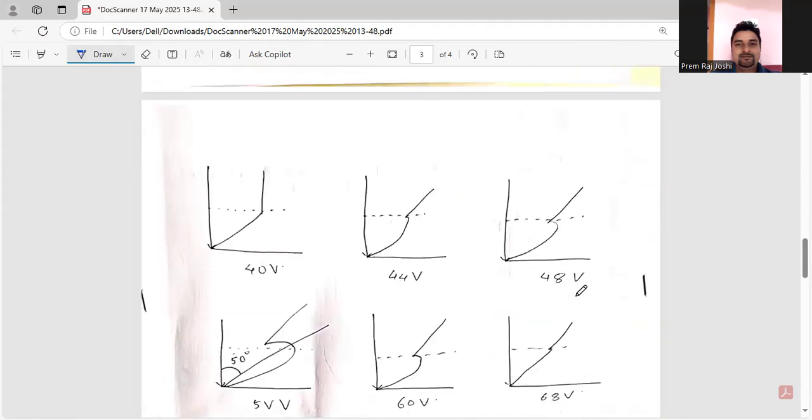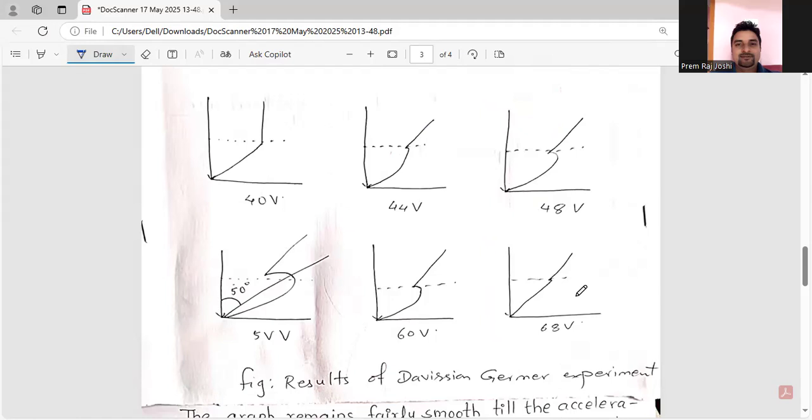So now what happens: for different accelerating potentials, we obtain different graphs. For 40 volt, there is not much spur or bump seen.